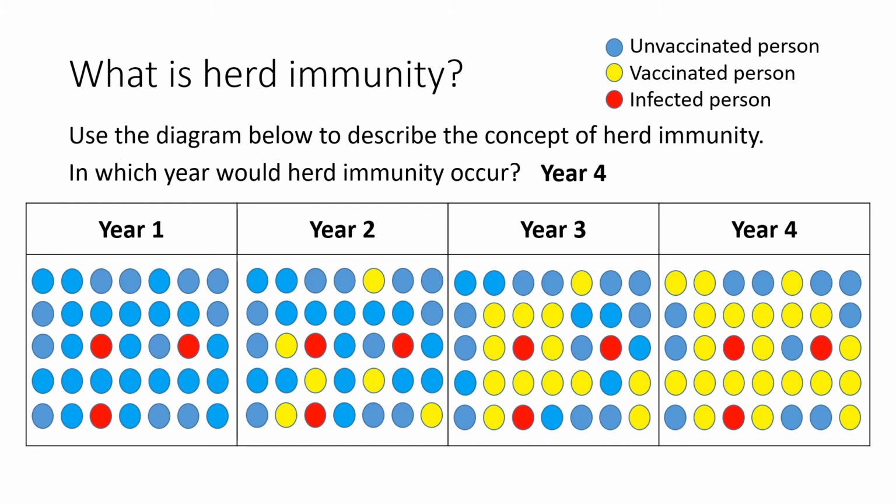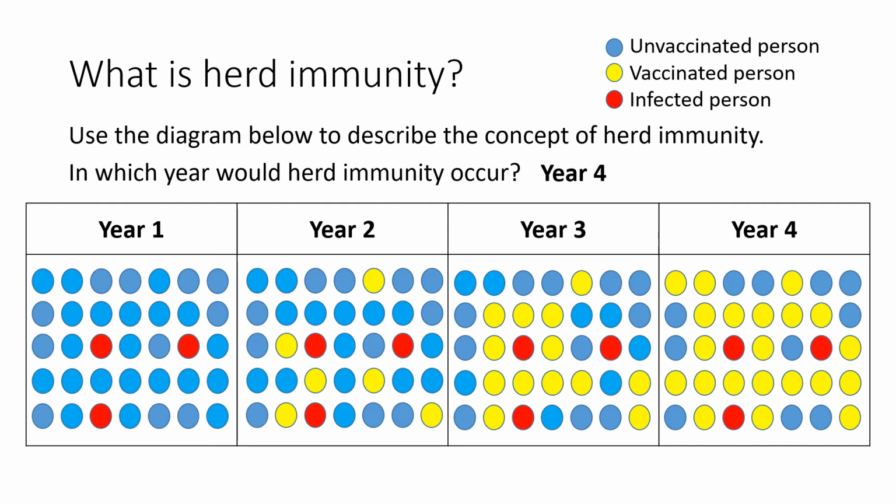It is year 4 when herd immunity starts. What happens is initially you have no vaccination and some people infected. Those infected people can spread it to everybody in that population. As people become more and more vaccinated, it is less and less likely that anybody who's infected is able to pass that pathogen on to a person who is unvaccinated.